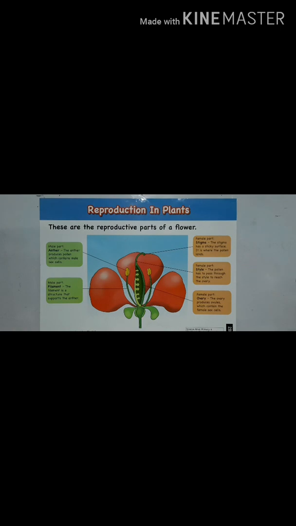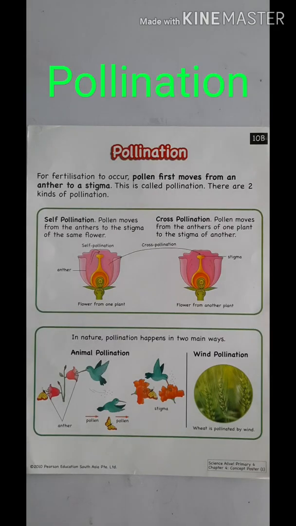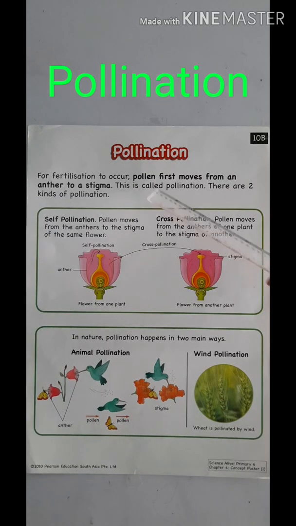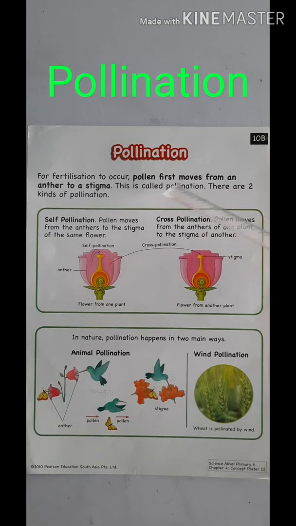Next, we want to continue with pollination. For fertilization to occur, pollen moves from anther to stigma. This is called pollination. There are two kinds of pollination.